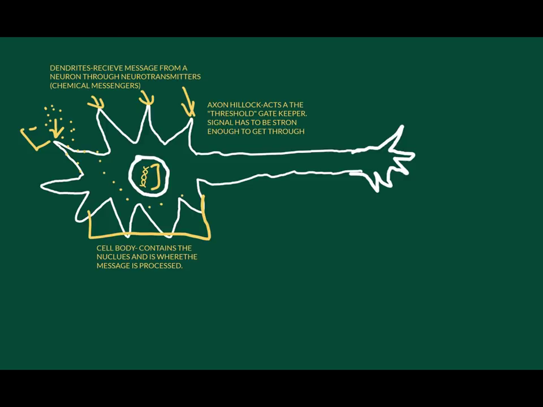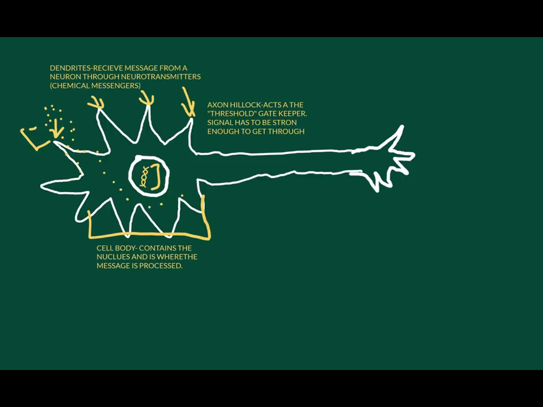So once the message has been processed or integrated in the cell body, that message is going to be accumulated at this point. This is the axon hillock. This is going to act as the sort of gatekeeper.